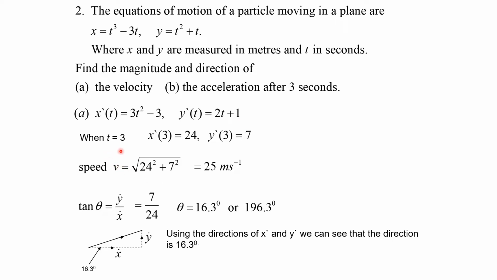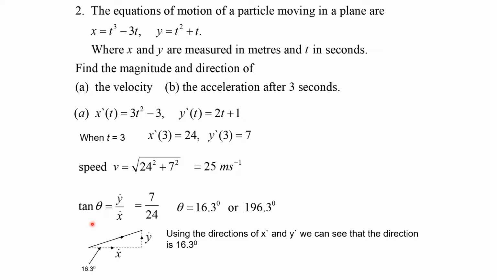So when t is 3, x prime 3 is 24 and y prime 3 is 7. The speed here, again, speed is a scalar quantity, is the magnitude. So in order to find the magnitude of velocity, it is the square root of x prime squared plus y prime squared. So you will arrive at this answer.